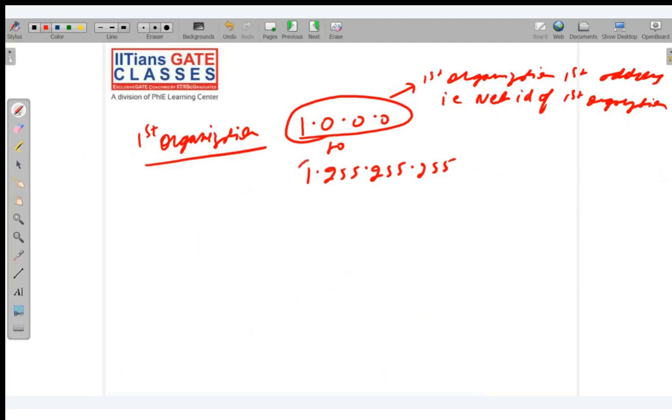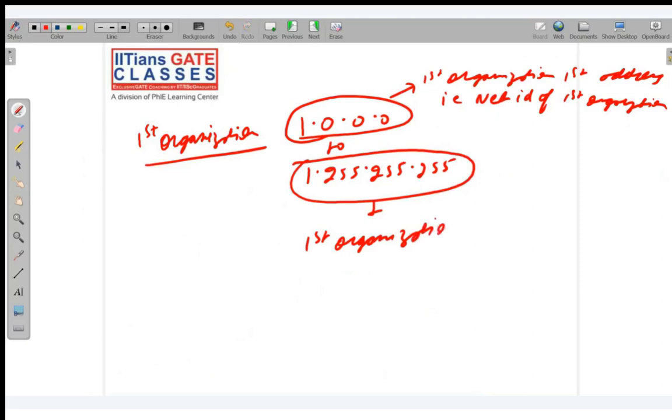And this is the first organization's last address, that is the DBA, the direct broadcast address of the first organization.